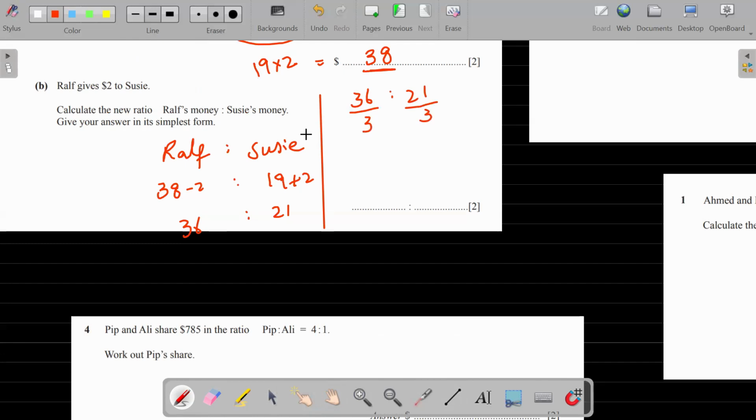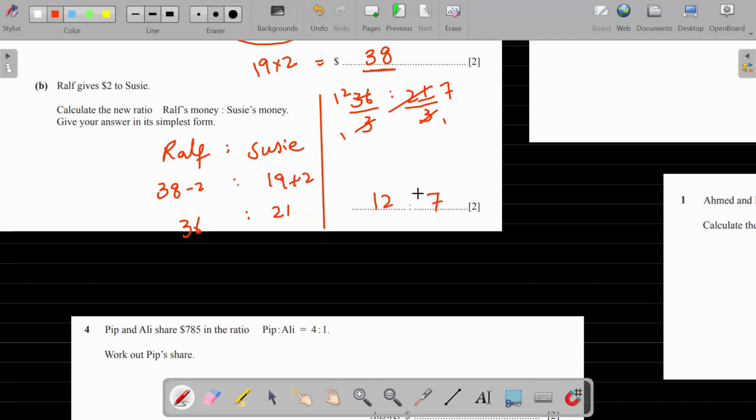Divide both sides by 3. 3 twelves are 36, 3 sevens are 21. So the ratio is 12 ratio 7. That is their new share. Is it clear, Fatma? Yes, miss. We will try to simplify as much as possible. Further, it is not going to simplify, so we will leave it over here, and that will be our share.